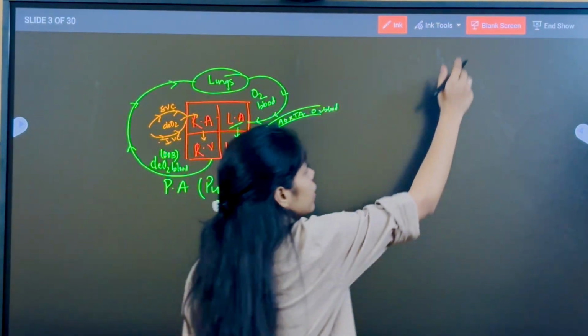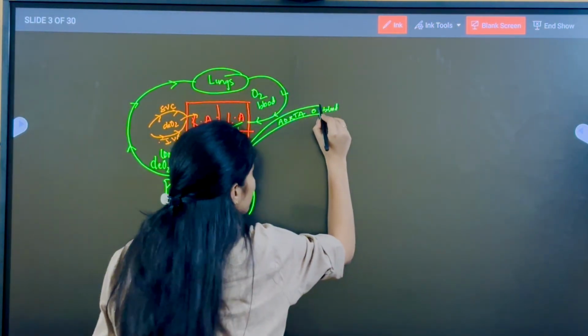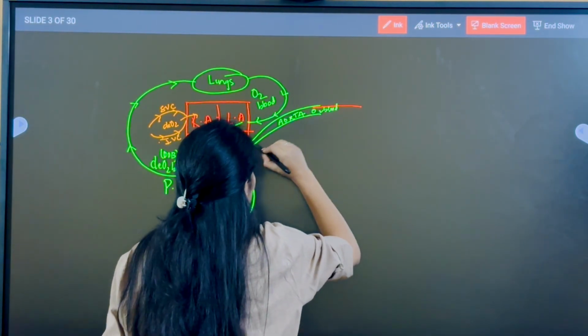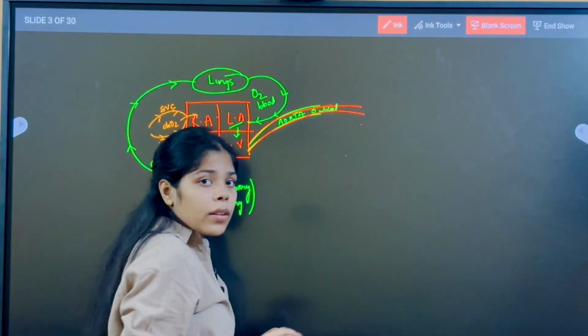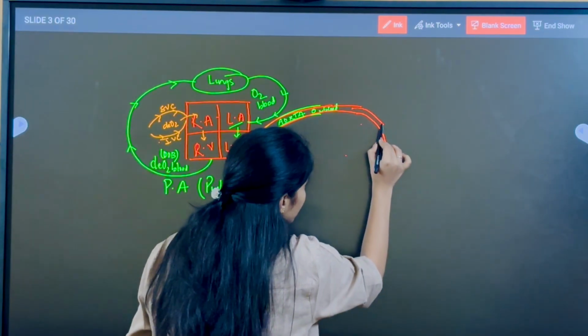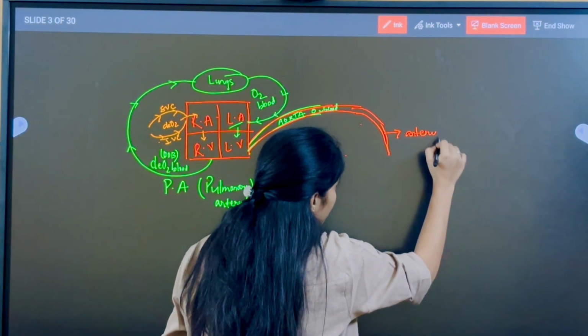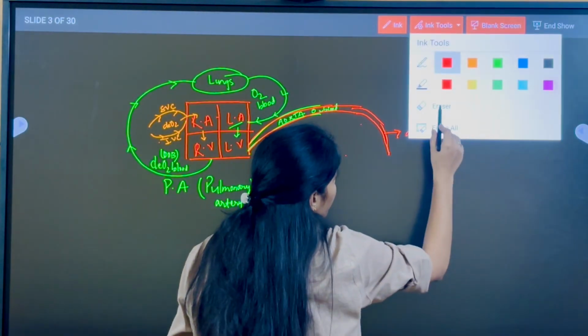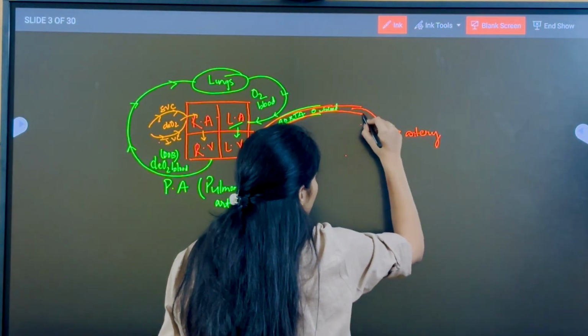Now, this whole aorta, this is the aorta. This leads to a smaller part, that is the artery.